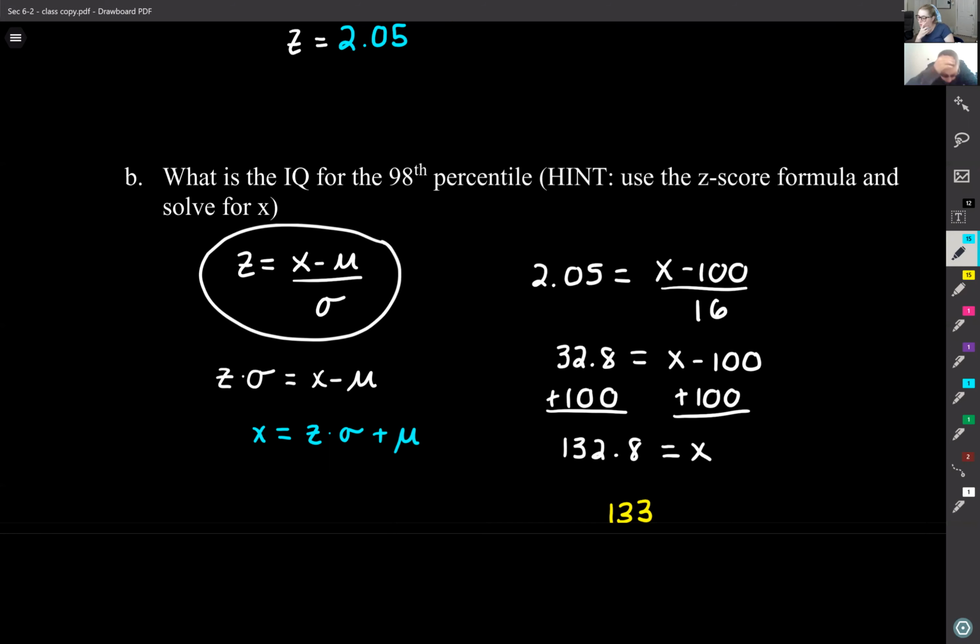So what does this tell you? This tells you that for the 98th percentile, you need to have an IQ score of 133. So instead, we worked backwards this time. Same kind of process, just literally backwards.